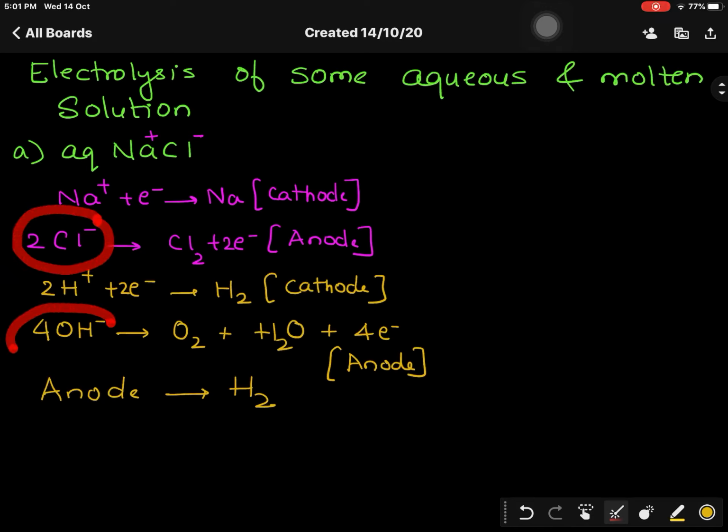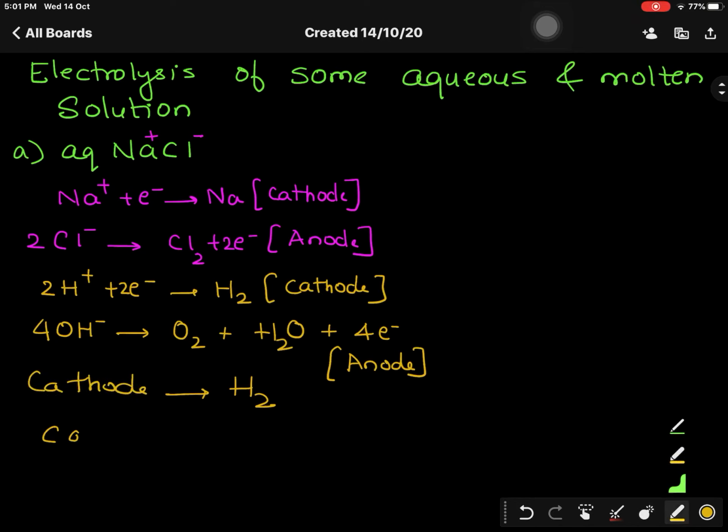So out of Cl minus and OH minus, Cl minus will migrate faster to anode, and therefore this is anode here, correct? And now I am talking about anode. So at anode I will find that Cl2 will be liberated.